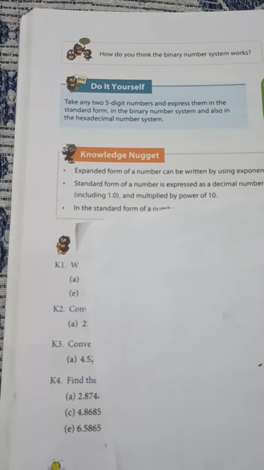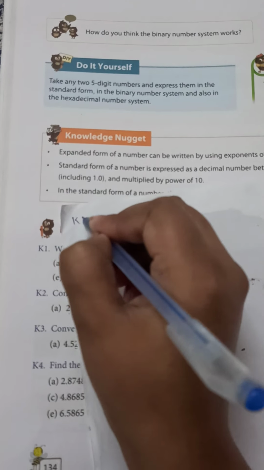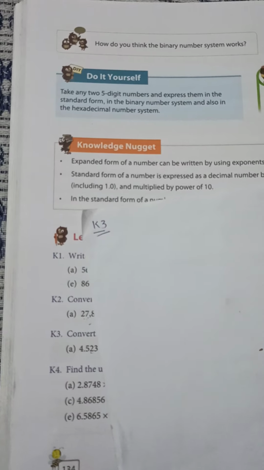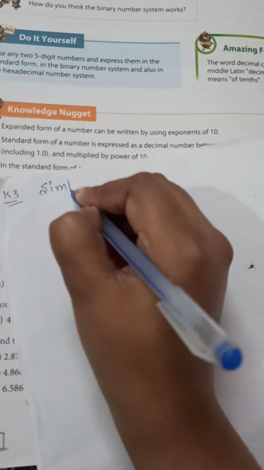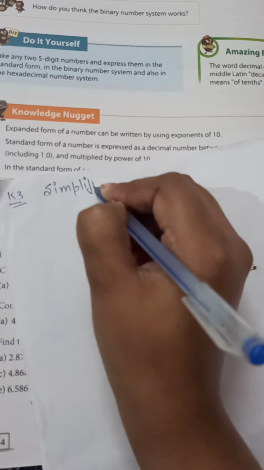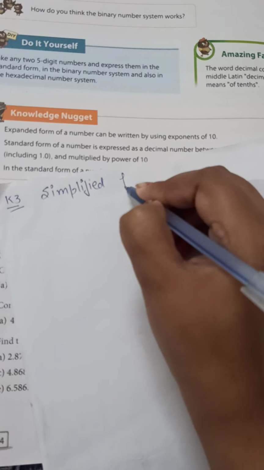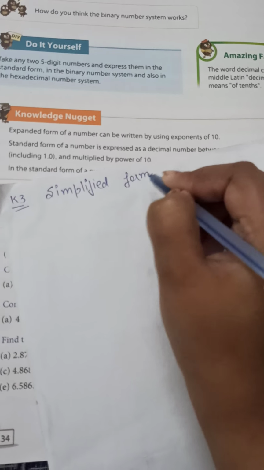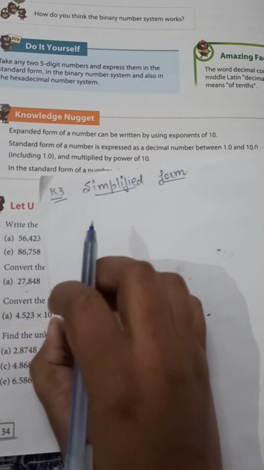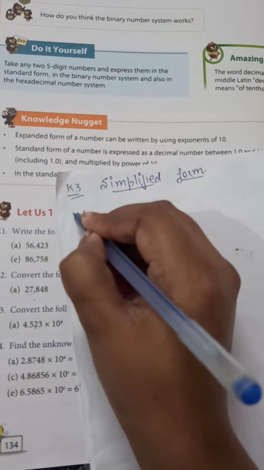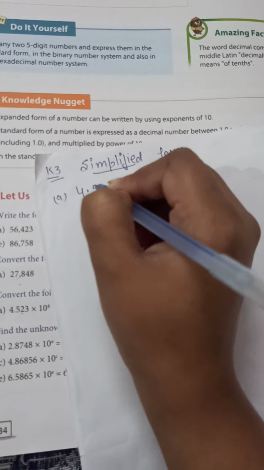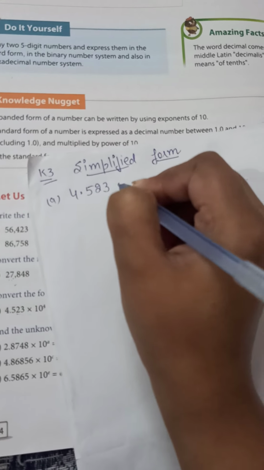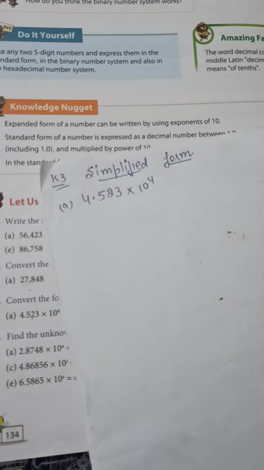So see key 3, we have to write the simplified form, right? So how you will write the simplified form, that see, as first question given here, 4 decimal 523 multiply with 10 to the power 4.